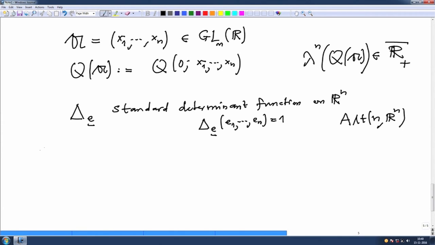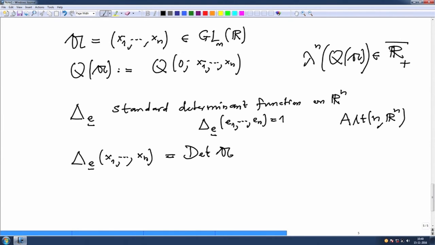And when I evaluate this on an arbitrary tuple, delta E of x1 to xn is nothing but the determinant of the matrix A. This is what we have proved. You think of this determinant as a function of columns, and it is alternating and multilinear and so on.